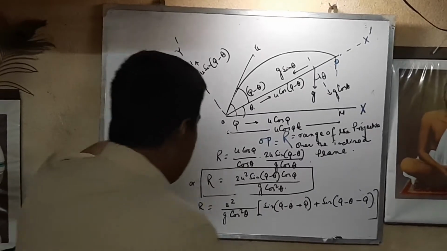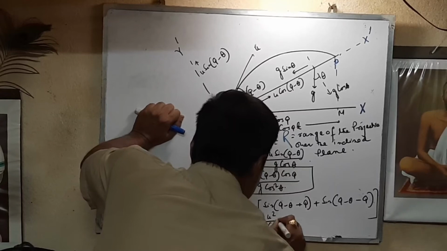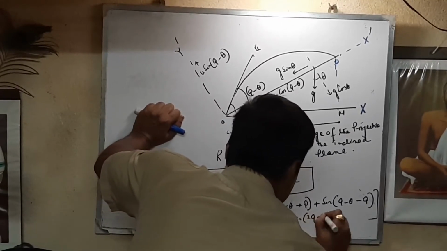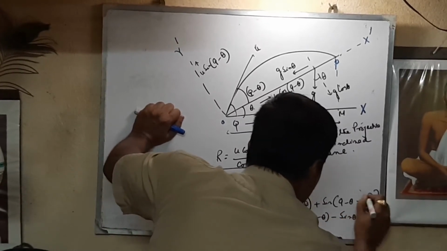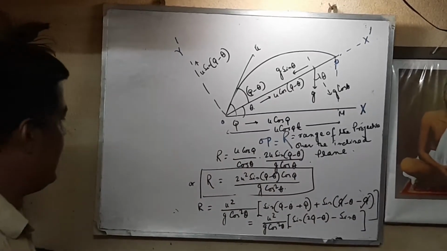This gives sine of 2 phi minus theta minus sin theta, because sine of minus theta equals minus sin theta. So this is the range.